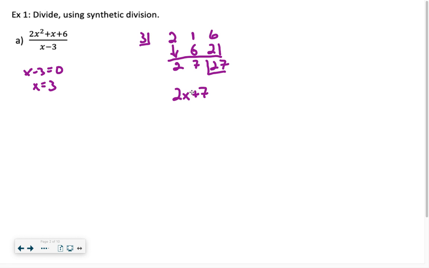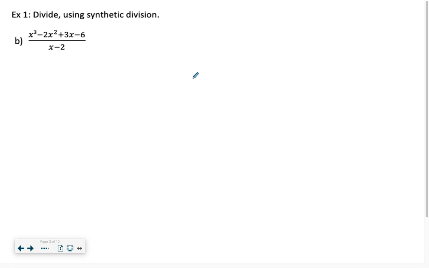So this quotient would be 2x plus 7, and then my remainder is 27. So remember, the way that we wrote a remainder was like this, just putting it over the divisor. So this is equal to 2x plus 7 plus 27 over x minus 3. Okay? Let's look at another example.